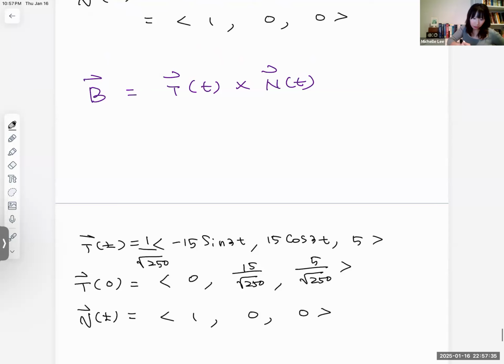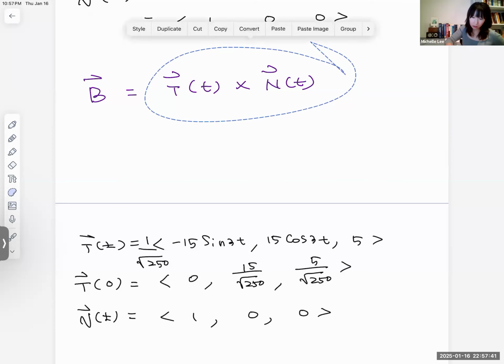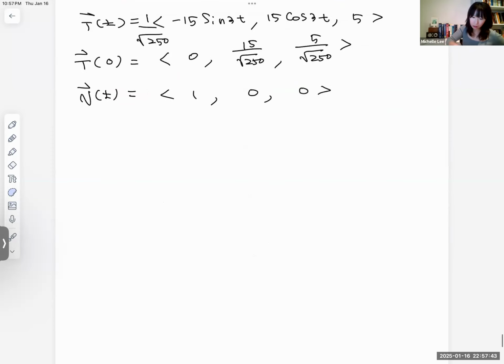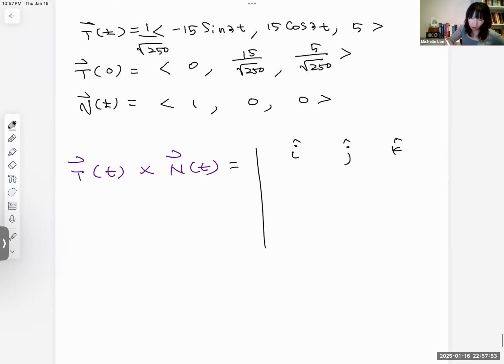Okay, so cross product. I, J, K. Unit tangent vector 0, 15 over square root of 250, 5 over square root of 250. 1, 0, 0.